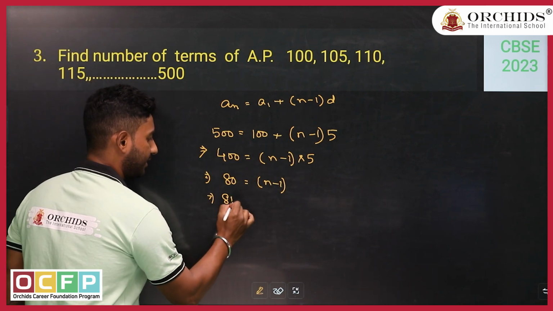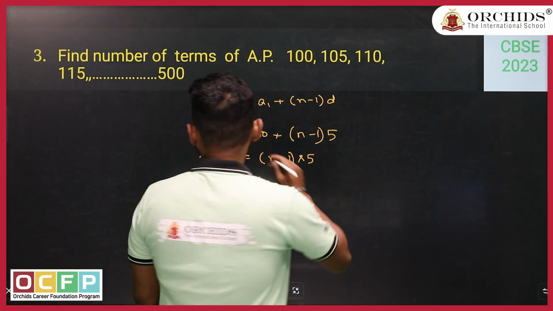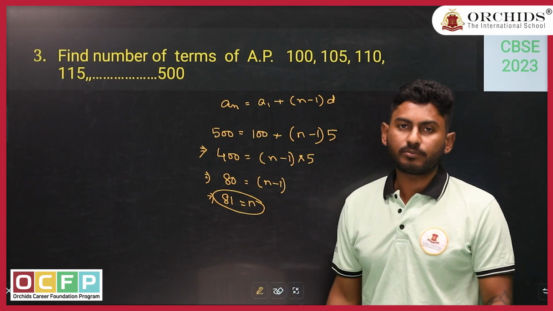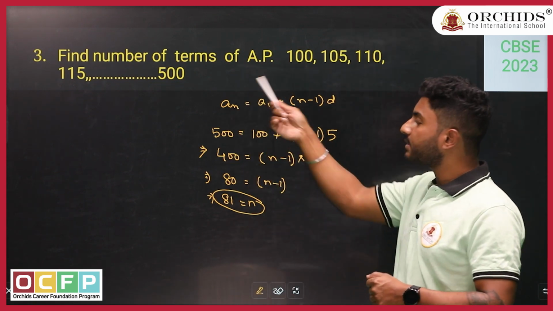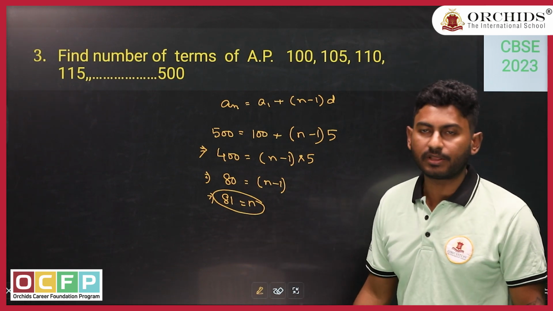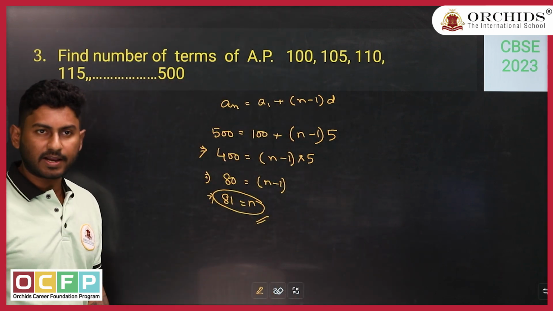So 81. That means this particular 500 is in which position? It is in 81st position. If it is in 81st position, then how many numbers are there in the term? Obviously 81 number of terms will be there, right? So here's the answer. Fine, clear?